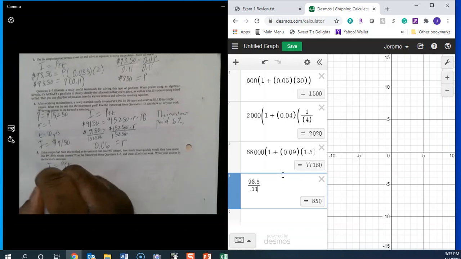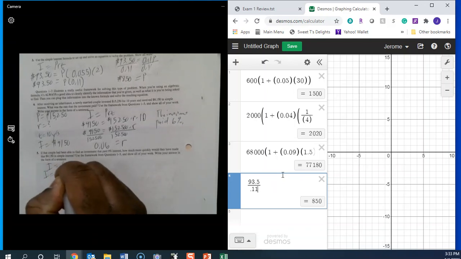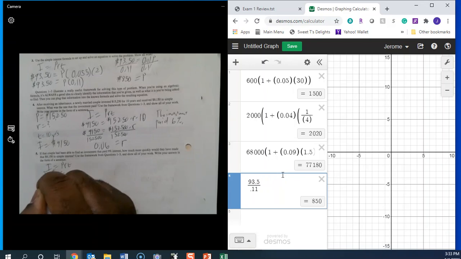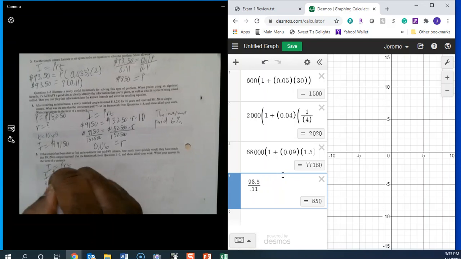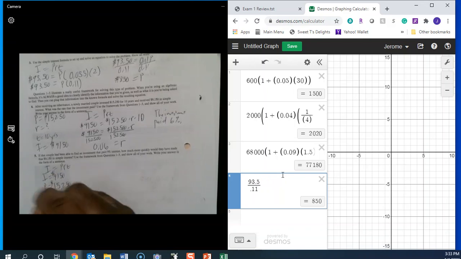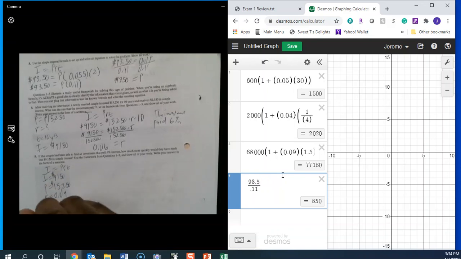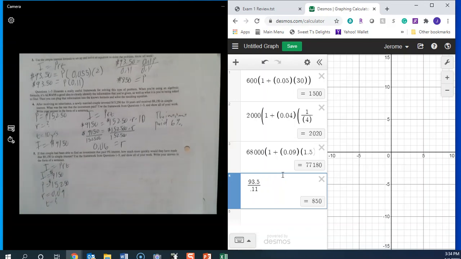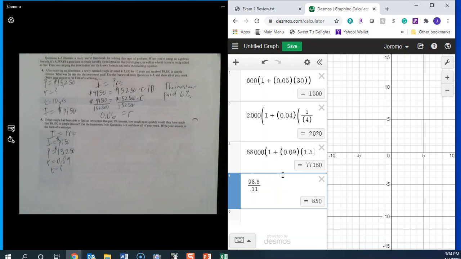Now our interest would still be that $9,150. Our principal still will be $15,250. Our rate now is 0.09. But this time we're trying to find the time because we don't know how long we had it in there.